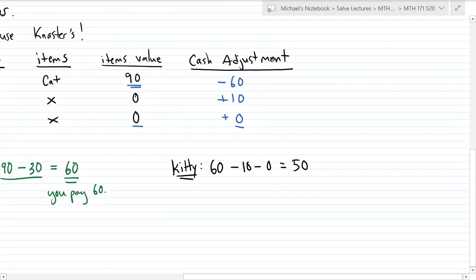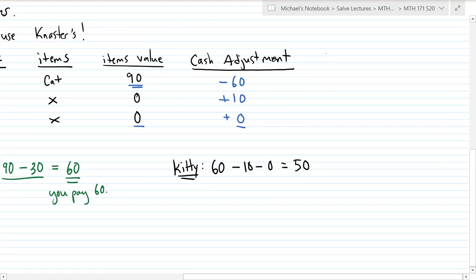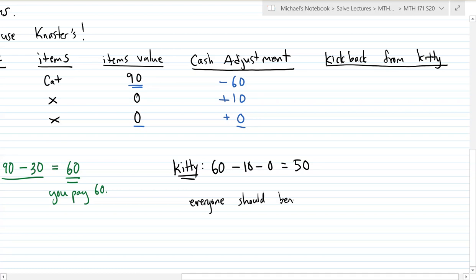And now I'll make a column for, say, kickback from the kitty. The idea is that there's $50 extra, and who should benefit from it? Everyone should benefit equally. So this $50 is split 3 ways.